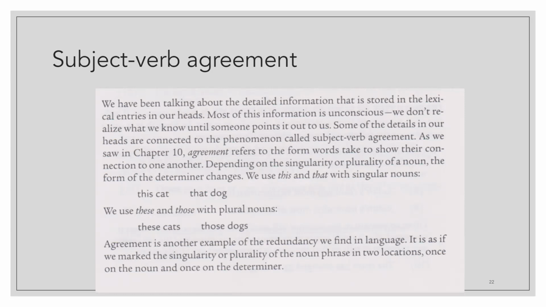We add an S after the noun, cats, dogs, but we also make the determiner plural, these, those. It's just something that we do in English to add clarity, right? Make sure that the person hearing us or the person reading this really understands this is a singular noun, this is a plural noun.